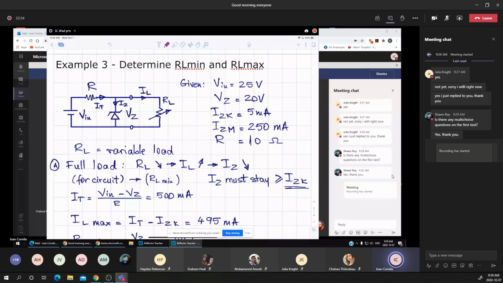You notice that the initial example was a variable input voltage. The second example was determining the resistance R, and the last example is to determine the minimum and the maximum value of the resistance RL.